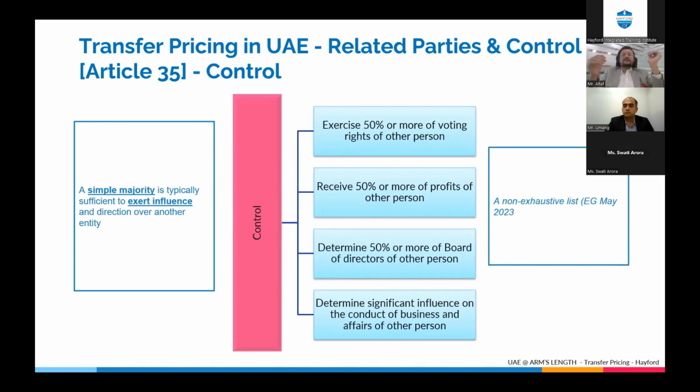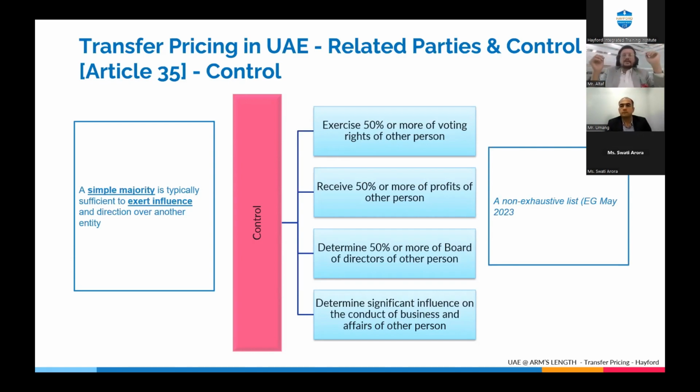So the first 3 exercise 50% or more voting rights, or 50% or more profits, 50% or more board of directors. One party can appoint for another party, one company can appoint for another company, or determine significant influence on the conduct of business. So some of the interesting examples can be, for example, a management company. And these are practical case scenarios that we've come across during the course of our practice.